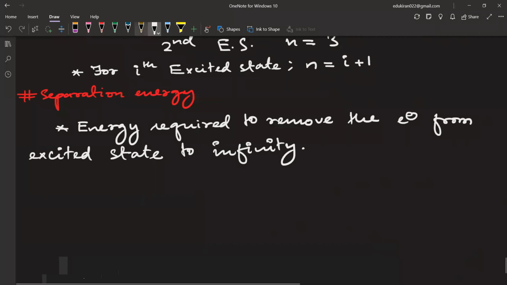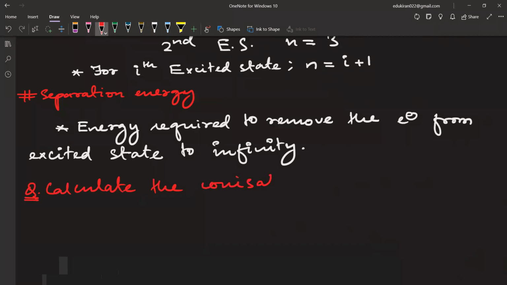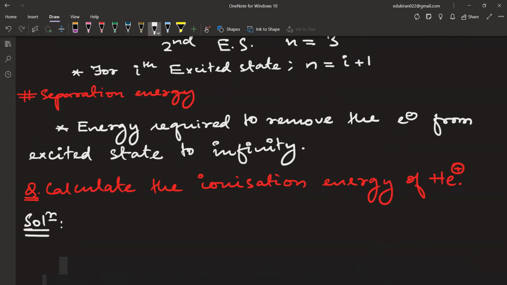ठीक है, write a question. Ionization energy of He positive. ठीक है, सवाल लिख लिया आप लोगों ने?